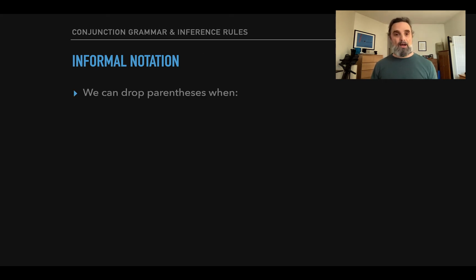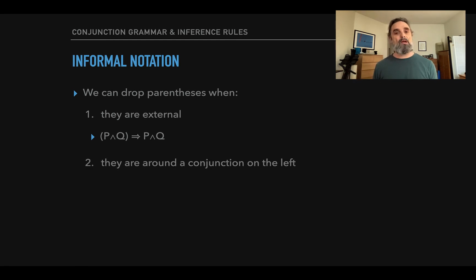So we now have three rules about when we can drop parentheses to produce informal notation. First, we can drop external parentheses. If you have them around P and Q, you can just drop them and you have P and Q without the parentheses, and that is an informal notation sentence. Secondly, if the parentheses are around a conjunction on the left, then you can drop them.